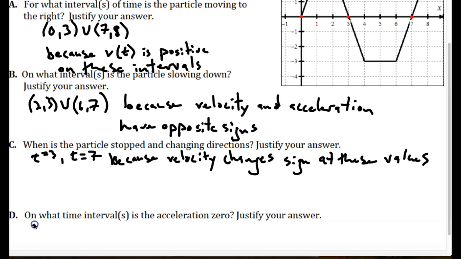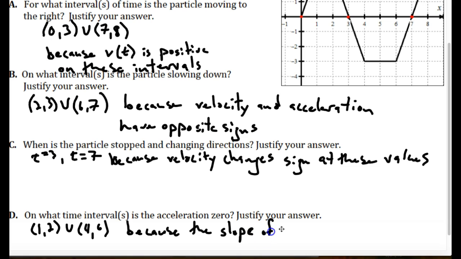So we can say 1 to 2 and 4 to 6 because the slope of our velocity function is 0 on these intervals.